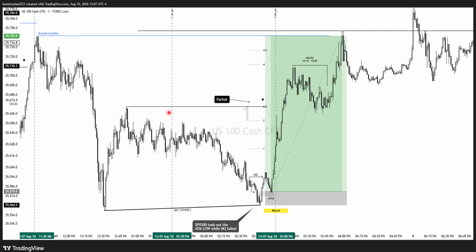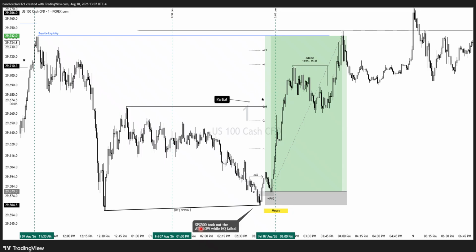So there's another example. Time 11:30 to 1:30, highest high, lowest low. Price fails to take out the low, but SPX takes out the low.